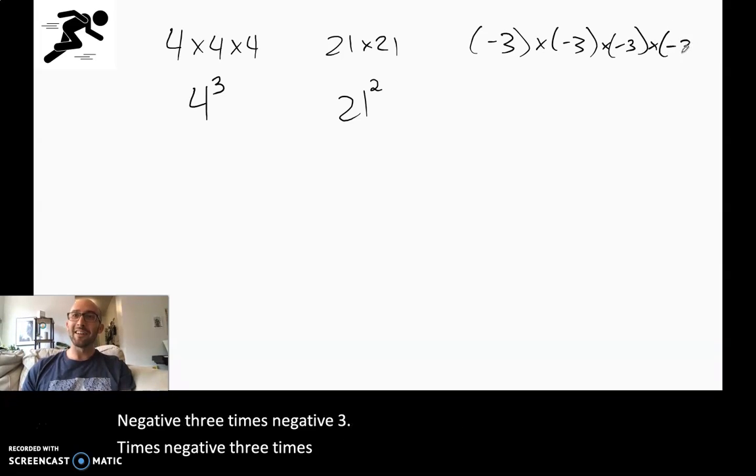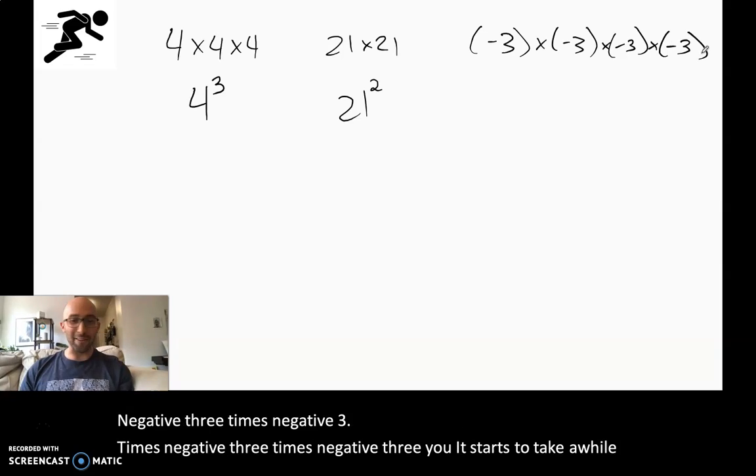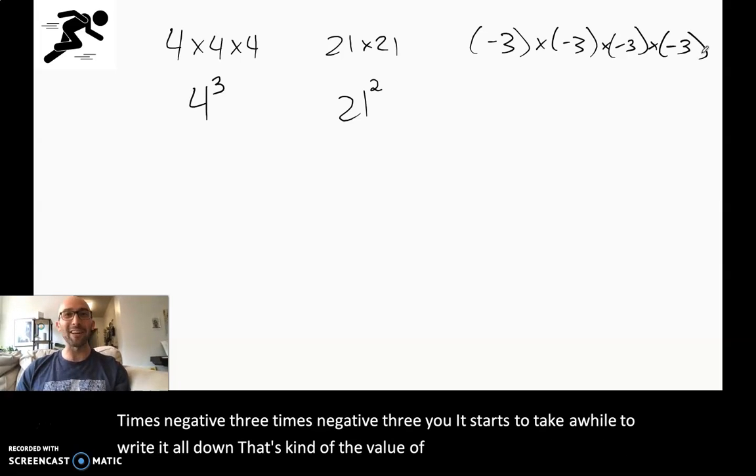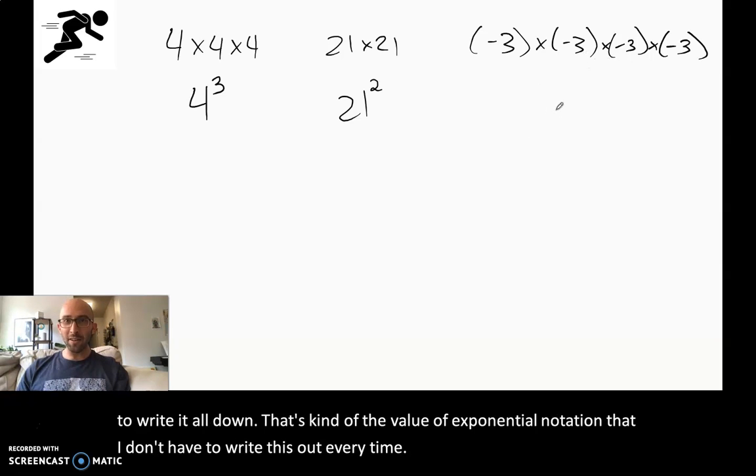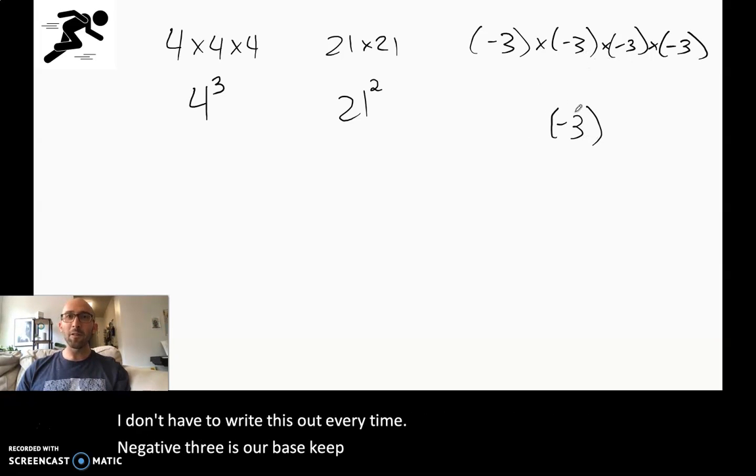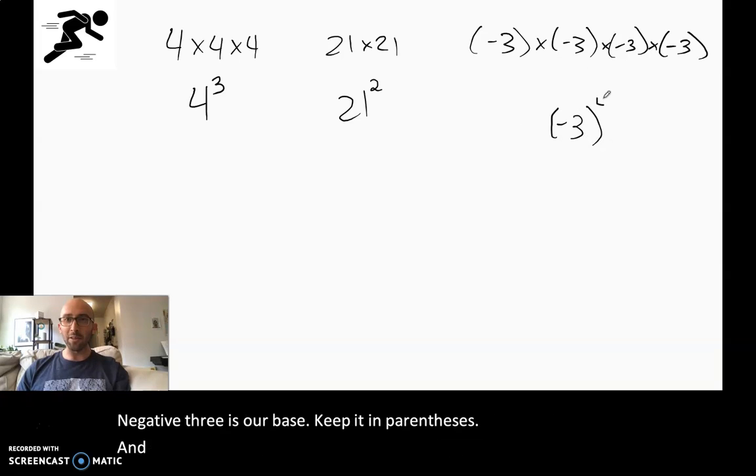You see it starts to take a while to write it all down. That's kind of the value of exponential notation, and I don't have to write this out every time. -3 is our base. Keep it in parentheses, and it occurs 4 times.